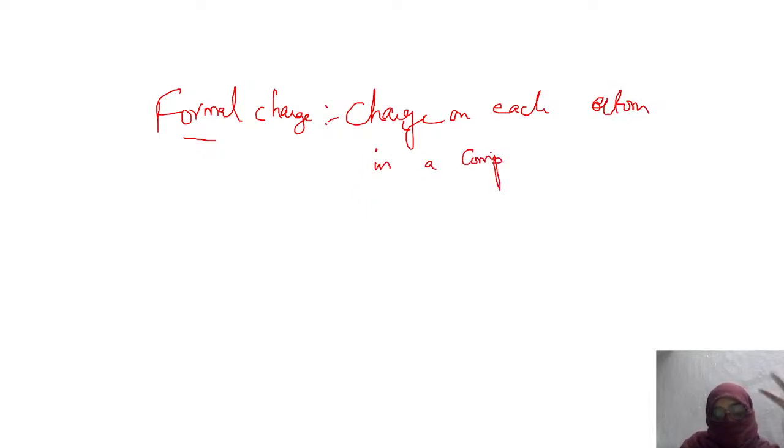If you have a compound, nothing but more than 2 atoms, and you want to calculate the charge on each atom, you can calculate the formal charge. For example, take H2SO4. What is the name of H2SO4? It's sulfuric acid. An acid is a molecule which can release H plus, right? So if the molecule is releasing or removing all the H plus, it will be SO4 minus 2.